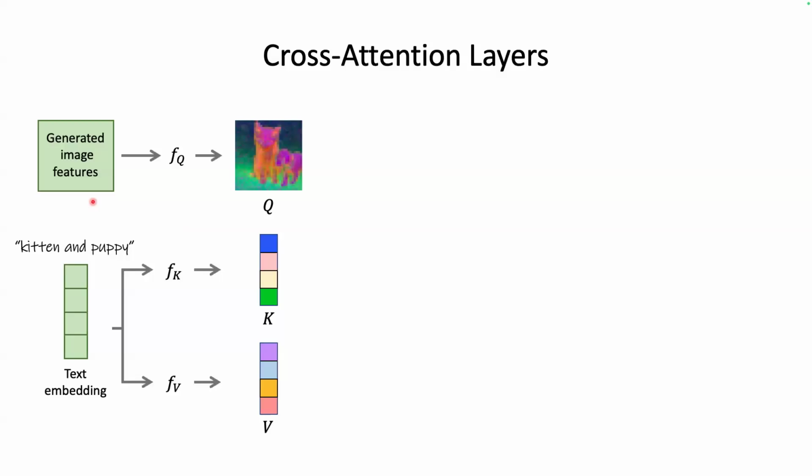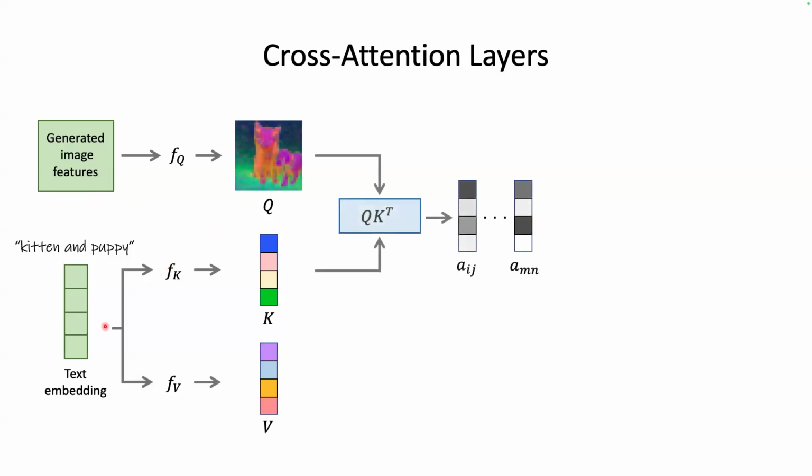This time, the features of the generated image are projected to be the queries, and the text embedding is projected to be the keys and the values. And again, we multiply each of the queries with each of the keys. So for each point here, for each query, we have an attention vector that tells us what are the most semantically similar words for this specific query.